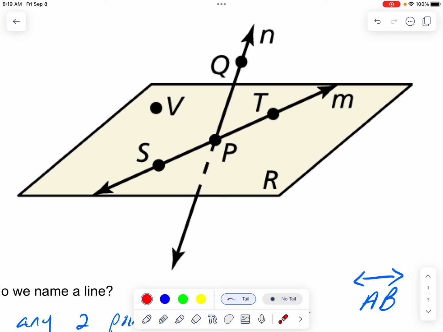So for example, we could say point V and line M are coplanar. They are both on the same plane. We could say point T and point S are coplanar. We could say ray PT and ray TS are coplanar. Okay? Anything that is on the same plane.